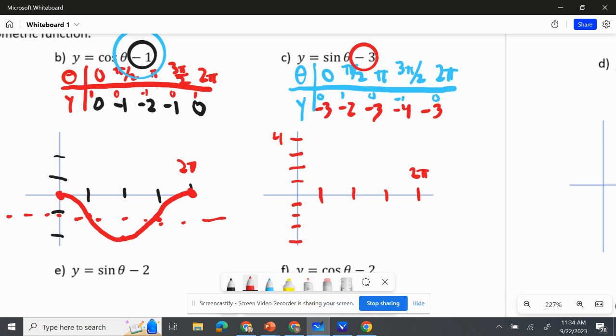So when I'm plotting it, I have 0, -3, and then -2, and then back to -3, and then -4, and then back to -3. So if I'm looking at my sine curve, notice that my midline is at -3. The middle of the graph is at -3, and the reason why is because we're subtracting 3.